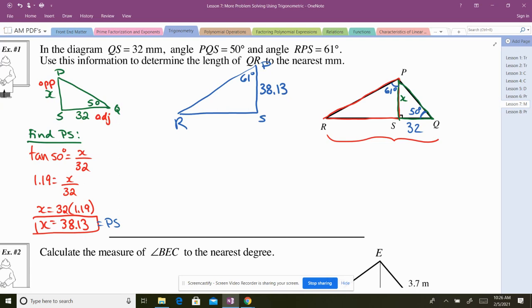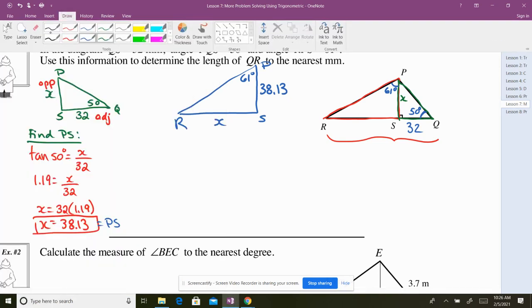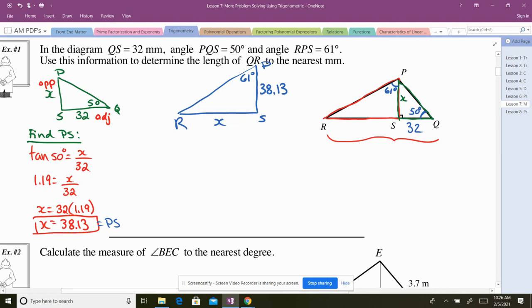What do we want to find? QR, so we want the whole length. So I have to find RS, this bit here. Maybe I won't call it X. Maybe I'll call it a different letter. Call it Y. Getting real creative here. Find RS, or Y. Okay.